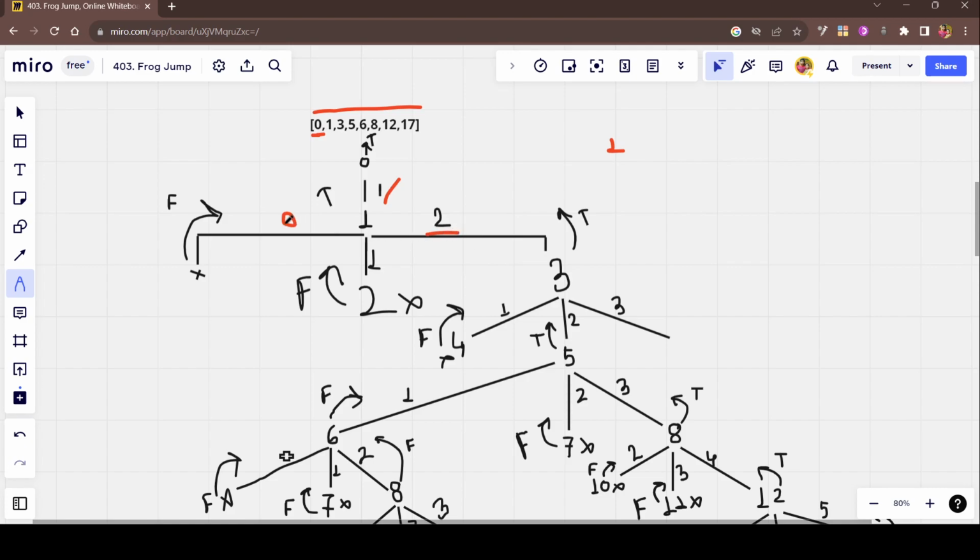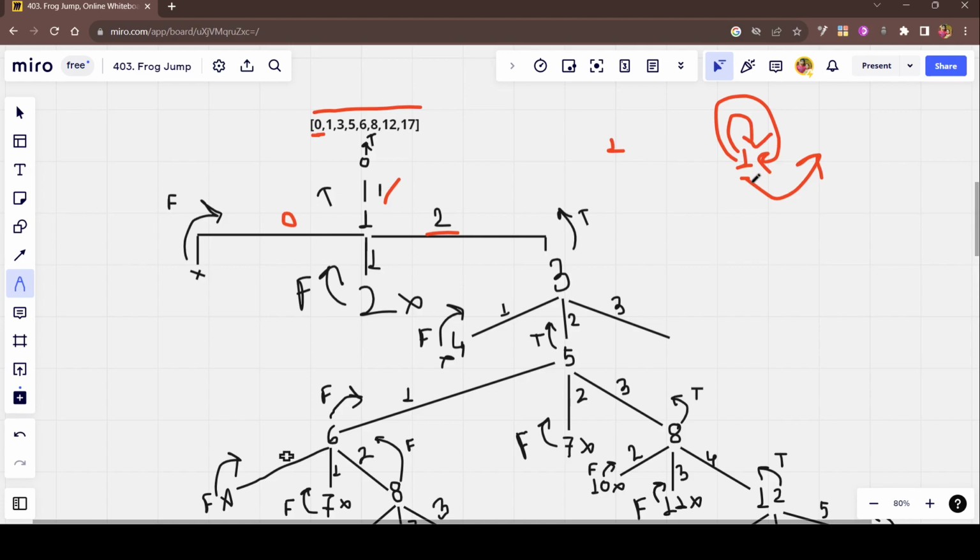Now if the frog jumps 0 units, does it hold any significance? No. See, if the frog is on 0 and it takes a jump of 0 units, again the frog is on that index. Again it will take a jump of 0 units. So does it have any significance? Because the frog is on the same index again and again.